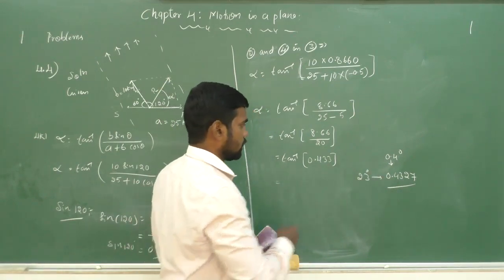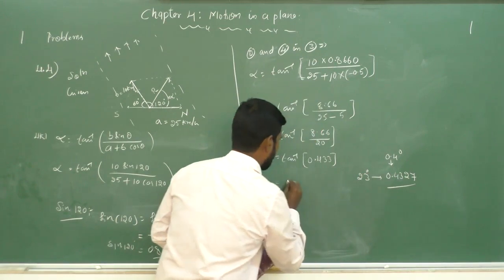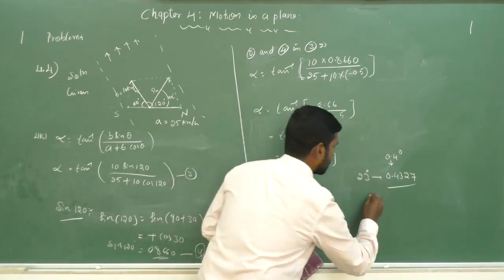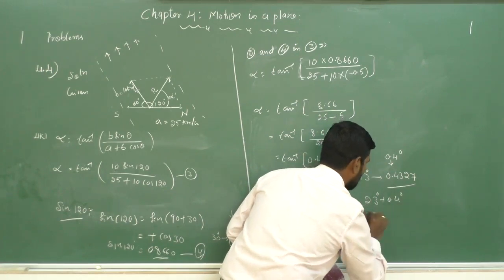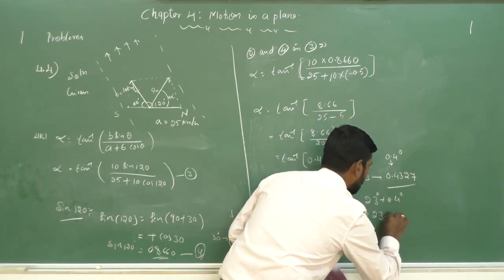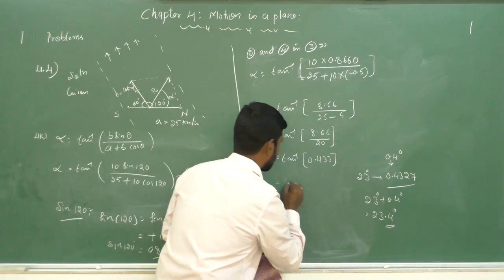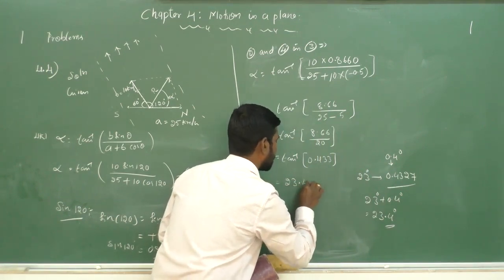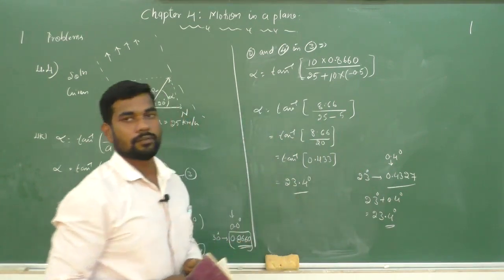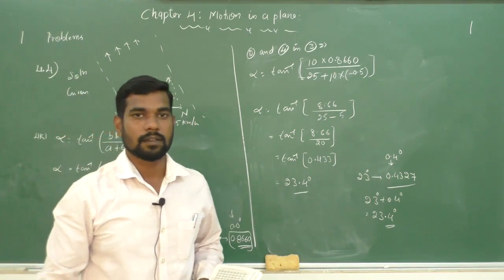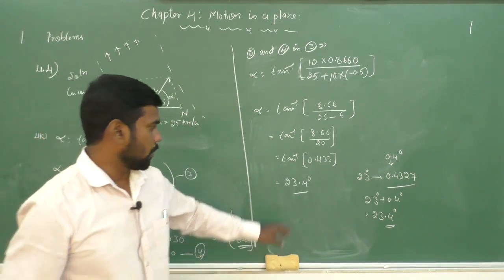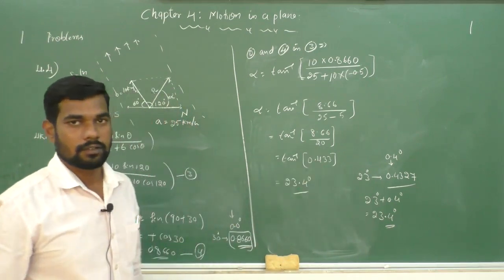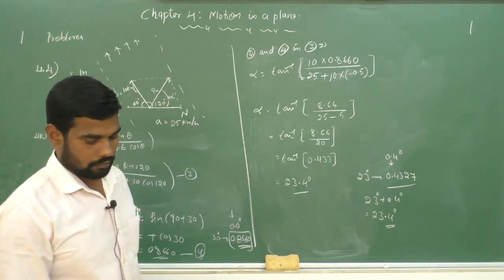That's why the tan inverse value here is 23 degree plus 0.4 degree, that means 23.4 degree. Understood? The resultant value is 23.4 degree. This is your fourth problem.